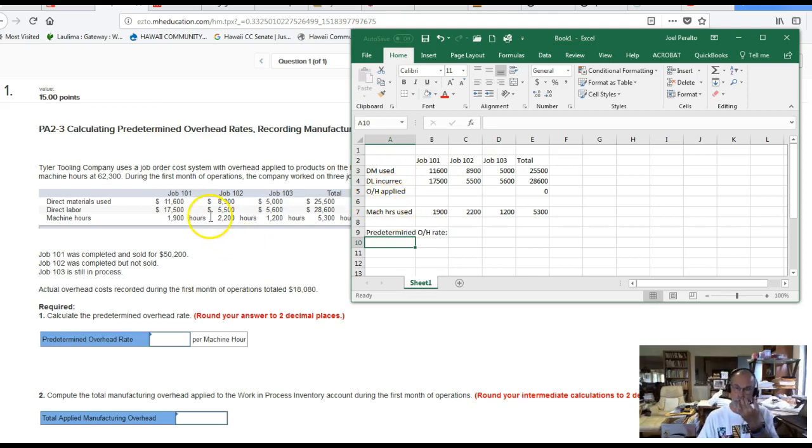I've taken the information out of the problem first of all and shown it on the worksheet here. And so we can see direct material usage for each of the three jobs, and in total direct labor incurred for each of the three jobs, and in total.